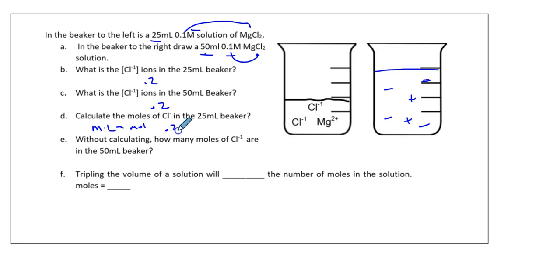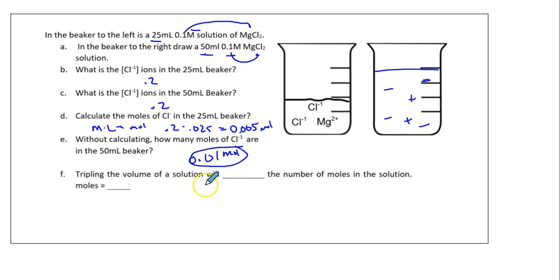Molarity is 0.2 times 0.025 equals 0.005 moles. Without calculating, what are the moles of chloride ions in the 50 milliliter beaker? Well, it's twice as big, so it's going to be 0.01 moles.